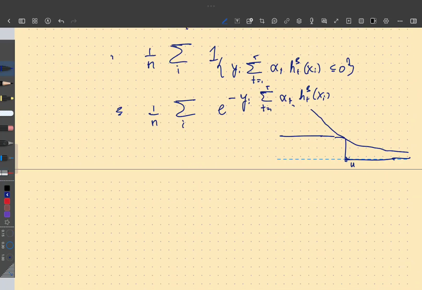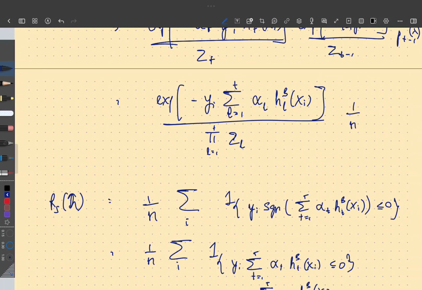Right, so this is equal to 1 by n summation over all i n times pt plus 1 of xi times product t prime equal to 1 to t of Zt prime.